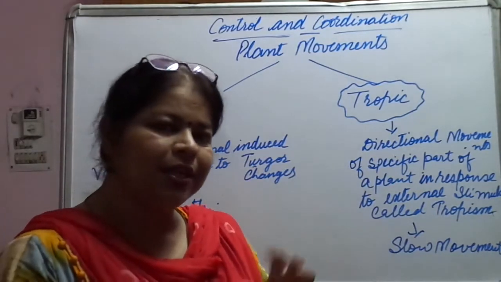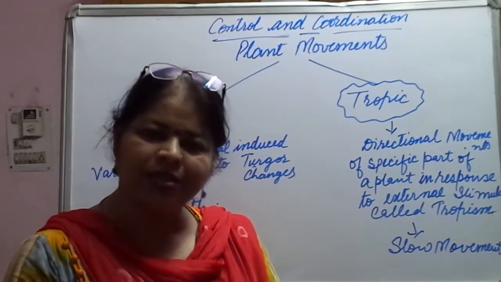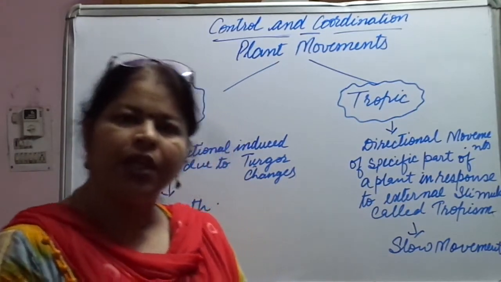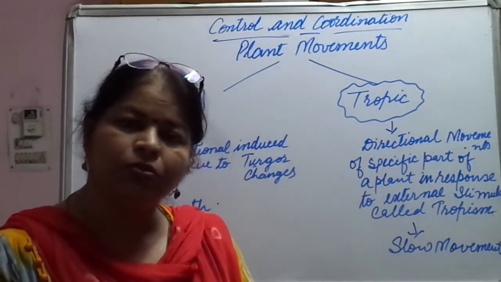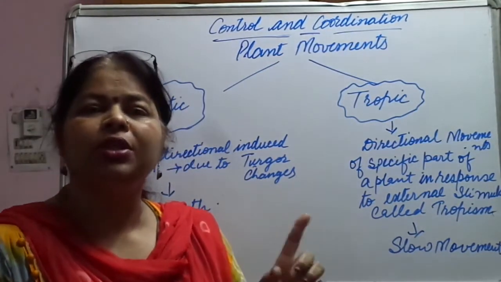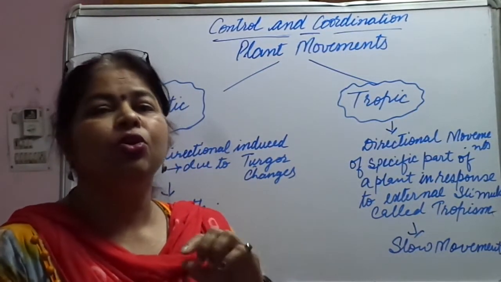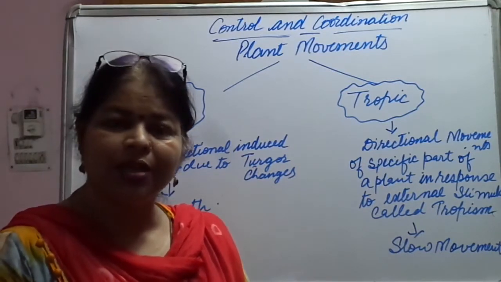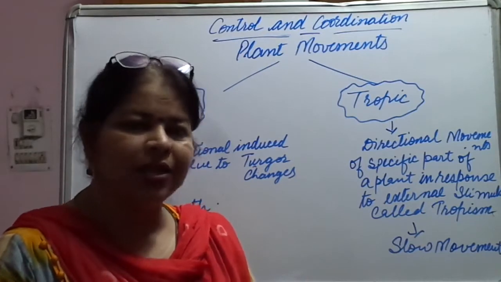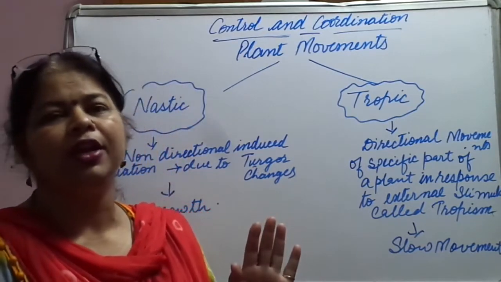So, do you think that there is some growth taking place when you are touching the leaves of the mimosa or the touch me not plant? No, no growth is taking place. So these are growth independent changes. The movement that is taking place in the touch me not plant is not showing any kind of growth.